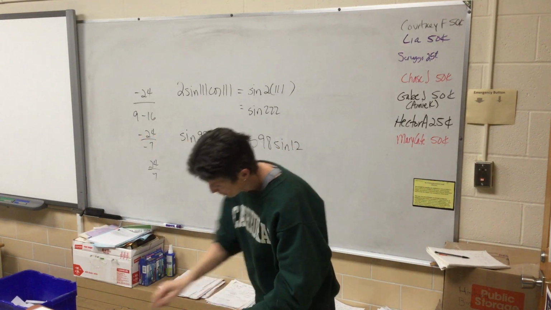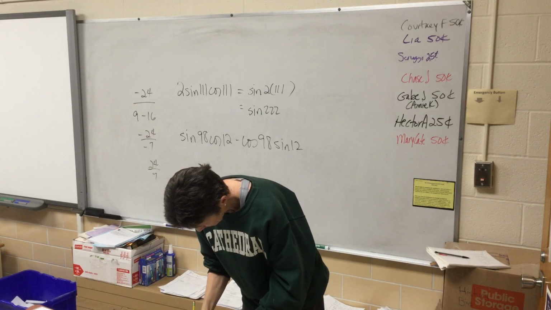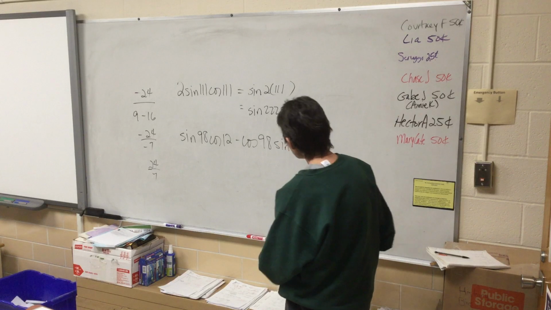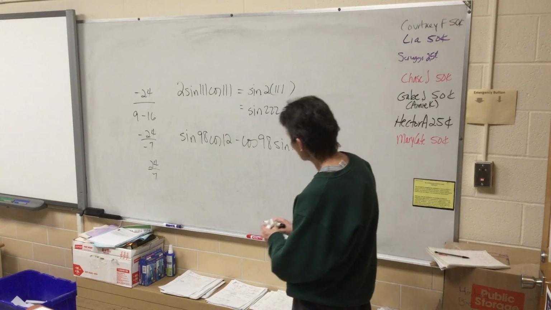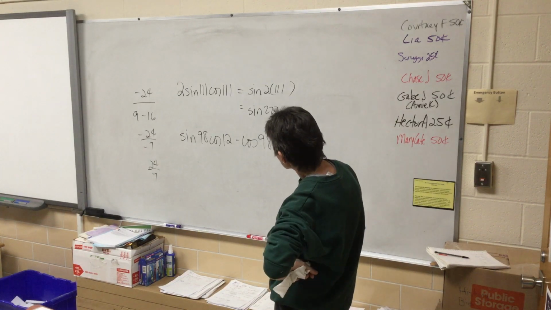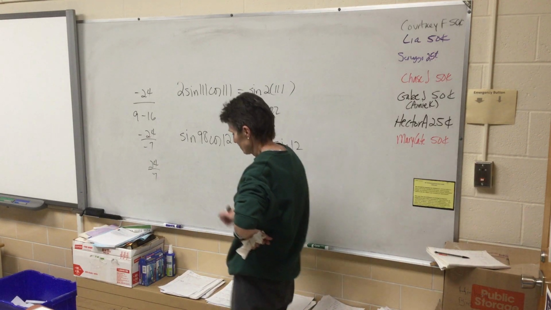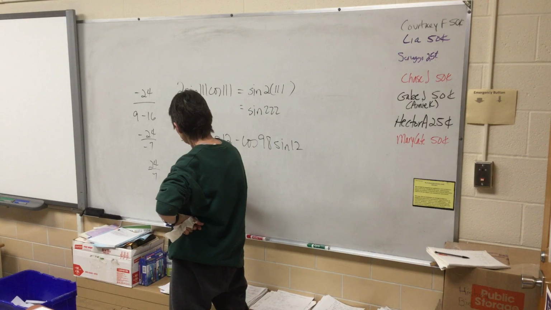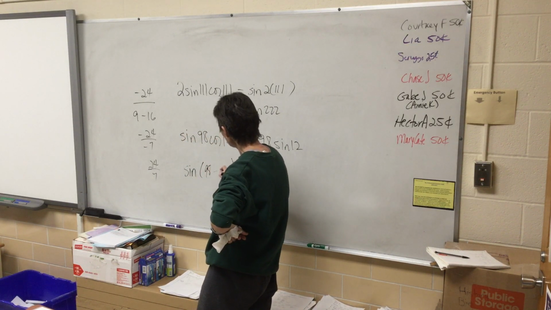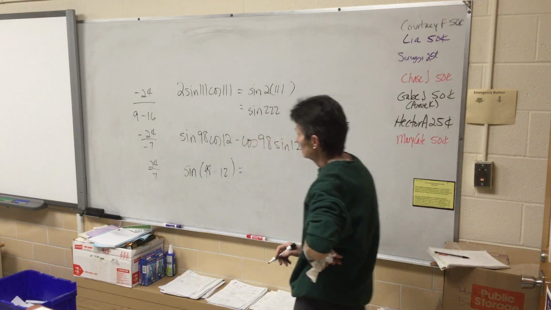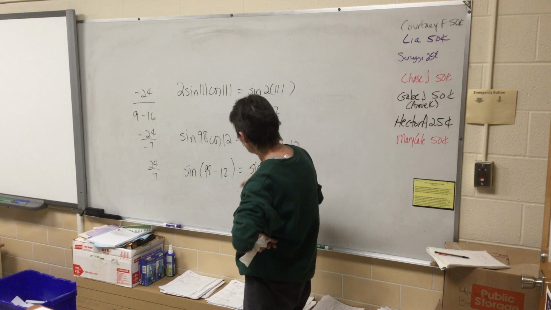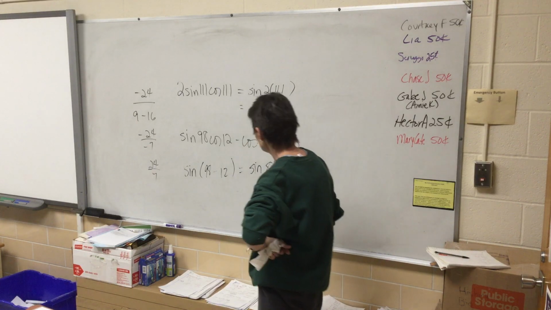That one's going to be on your note card. That's sine cosine minus cosine sine, the formula for sine of U minus V, and your U and V are 98 and 12. So that's the formula for the sine of, what is that, 86?